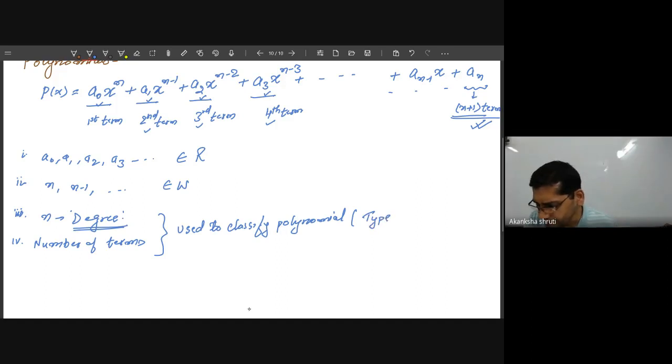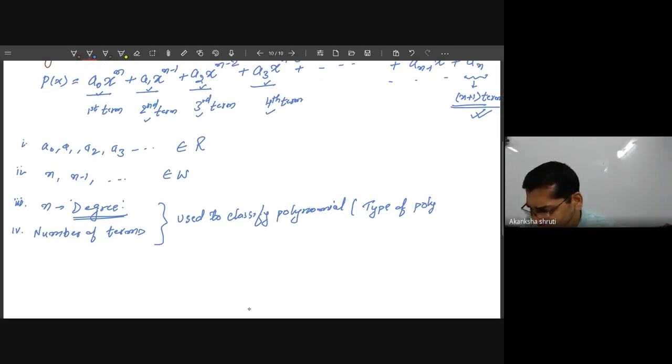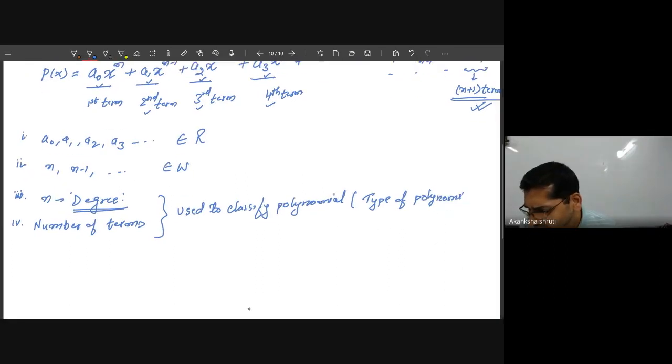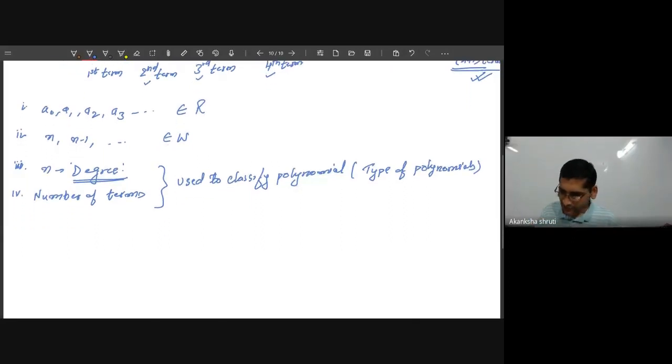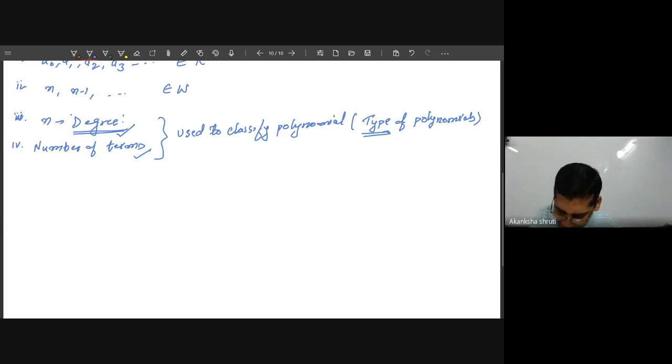So what are the types of polynomial? That we will learn. So students, for defining the type of polynomial, I may either consider the degree or I may consider the number of terms. So depending on degree, one category is formed or one kind of name is given. Giving a name is called nomenclature.